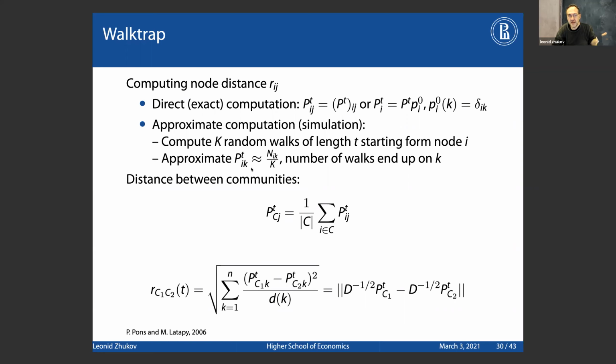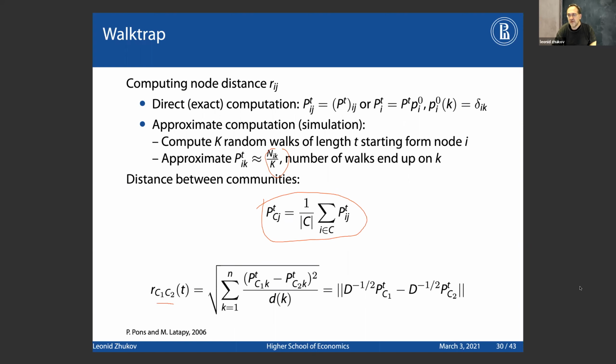If we simulate, then we just literally run the random walk, calculate how many times it starts from node I and ends up at node K in T steps, and then approximate this probability as a ratio, this N_IK over the number of random walks. Then we define distance between nodes, and for communities we define distance between communities, and then we can measure that distance.